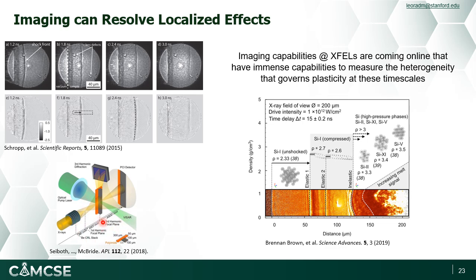For example, if we do these things at the same time, we can start to see behaviors of phase transformations that happen sequentially, or different types of elastic versus plastic behaviors that would be incredibly difficult to understand beyond simply understanding that a feature has evolved with our VISAR measurements.